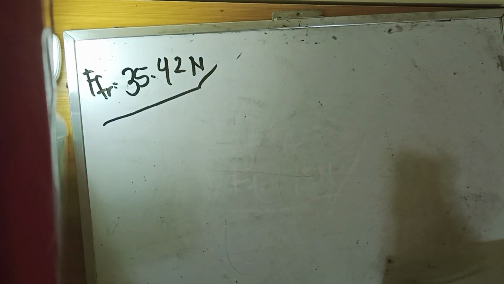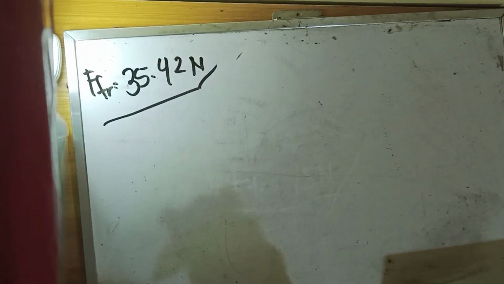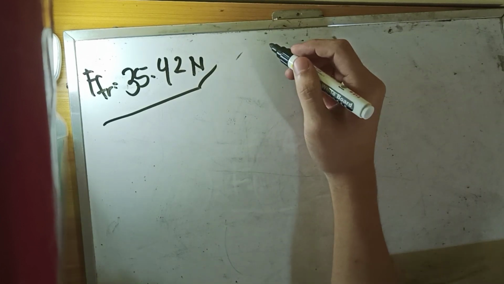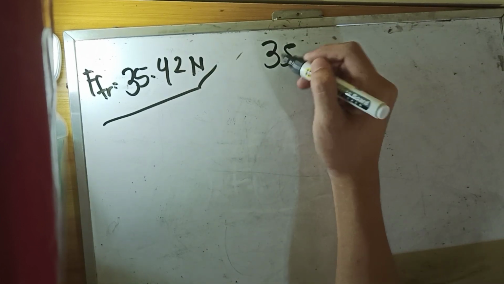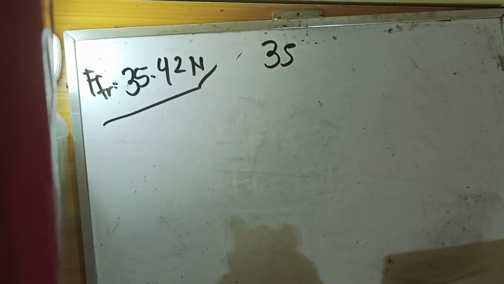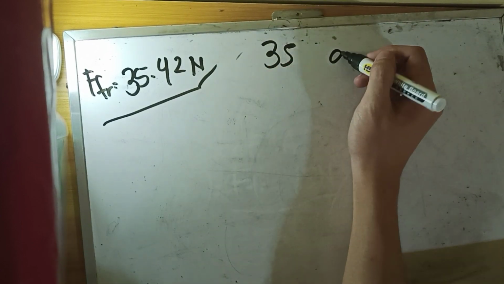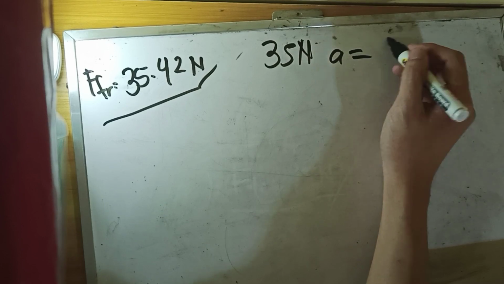For letter C naman, ganun pa rin. Gawin pa rin nating basihan yung ating static friction na nakuha. So, mapapansin natin ang ating given na force applied for letter C ay 35 lang. Mas mataas pa rin yung ating static friction. Therefore, our acceleration will be 0 again.